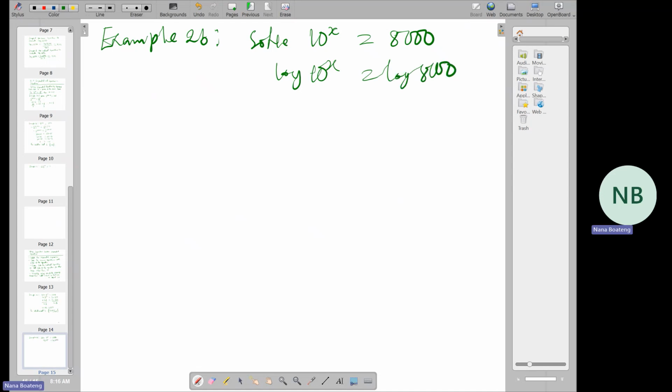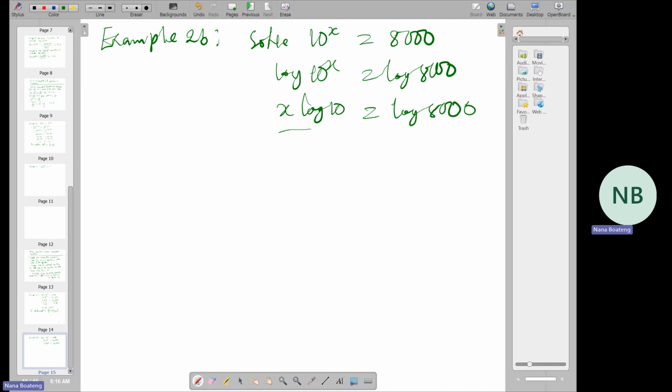8,000. So we are using common logs here because 8,000 can be expressed in tens, and we have a 10 on the left also. So using common logs will make it easier to evaluate this. So this is x log of 10 is equal to the log of 8,000.